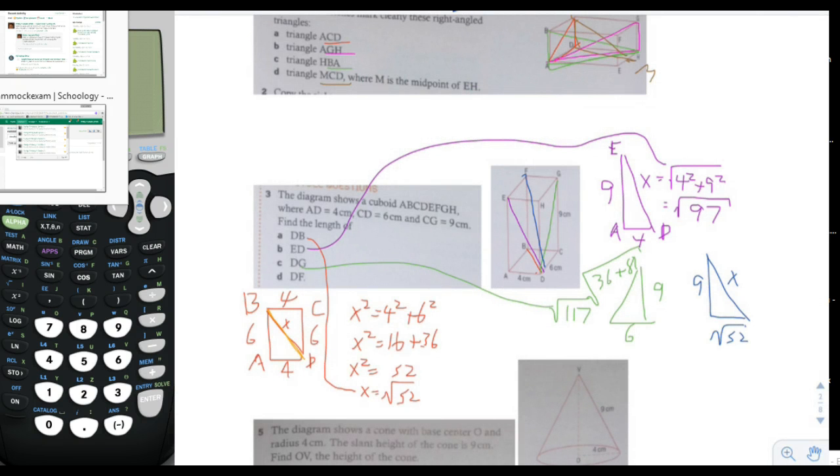So x is equal to the square root of 81 plus 52. So it's the square root of 133. Right? That is DF. All right.